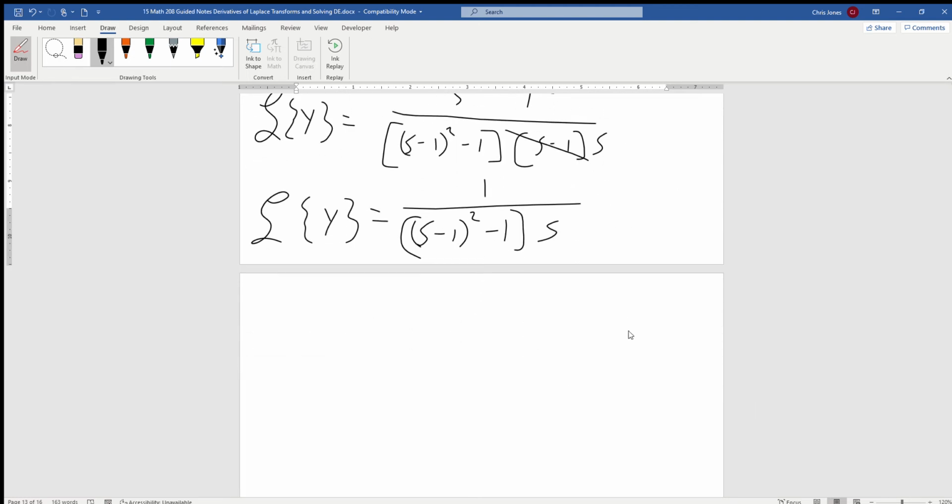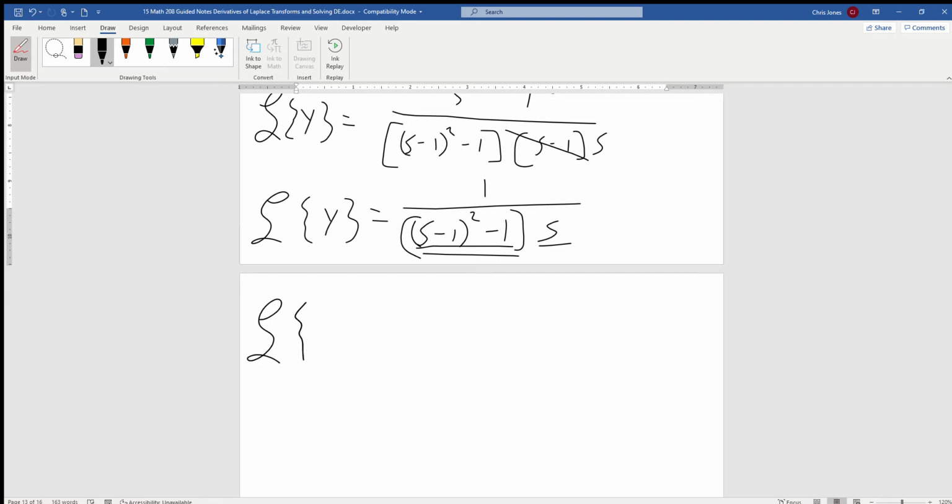Now what we'd like to do is perhaps a decomposition of this, because notice we have an s right here, and then we have another factor. So I think what we should do is FOIL out this s minus 1 squared plus 1, and then combine like terms.